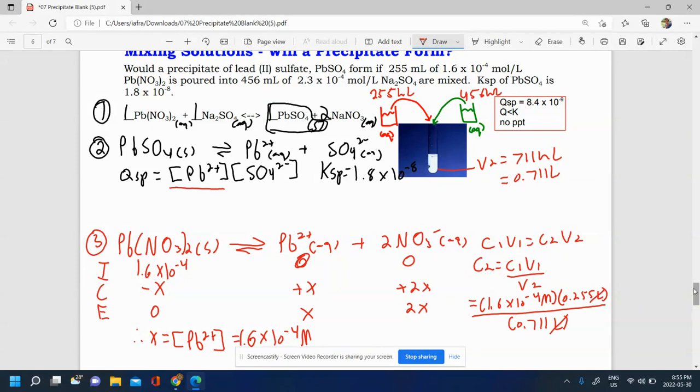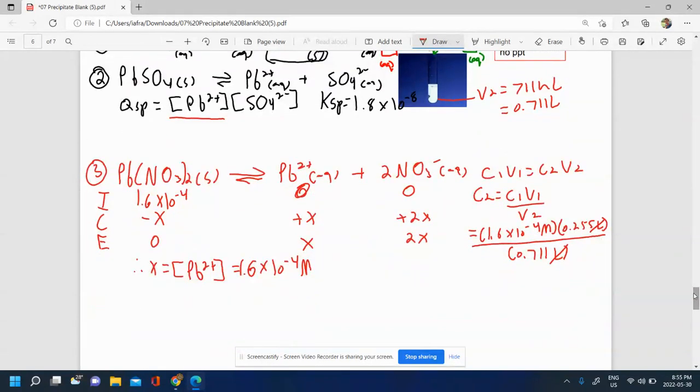Cancel out liters, and we get our new concentration. So we get 1.6 times 10 to the power of -4 times 0.255 divided by 0.711, and we get 5.7383 times 10 to the power of negative 5.